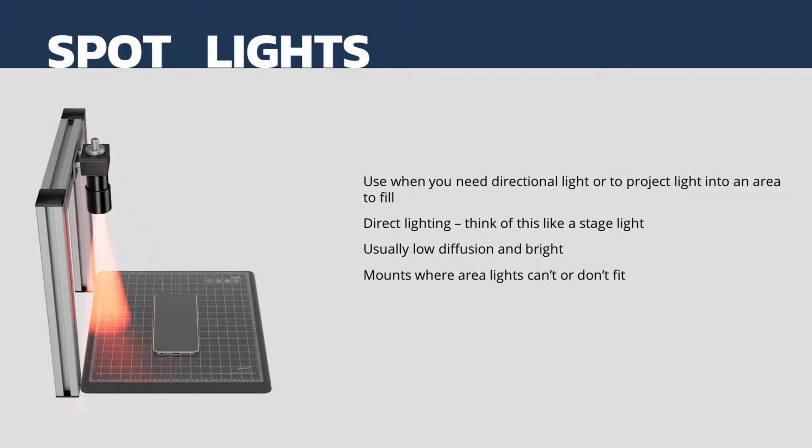So usually you're going to use a linear light where you can, but if I'm in the middle of a lot of automation, don't have a lot of room for linear lights and stuff, I might put smaller spotlights in areas where I can get them and point them into the area of interest to use it. You can see this in the diagram on the left. You can see the spotlight pointing around, and I can light anywhere in that area. And again, we can use these where other lights just don't fit.